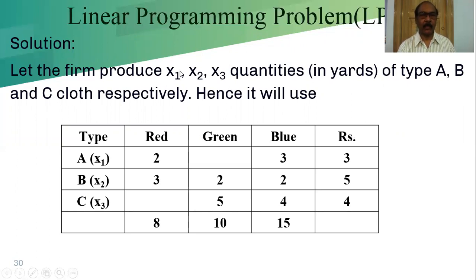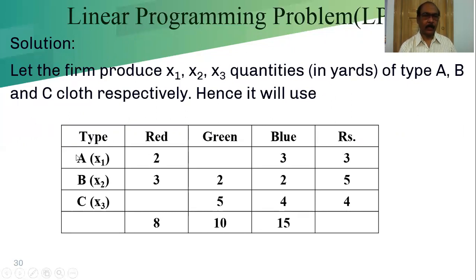Let the farm produce x1, x2 and x3 quantities in yards of type A, B and C cloths respectively. Before going to the formulation, I am representing this in a table, and from that I will explain how we can formulate.